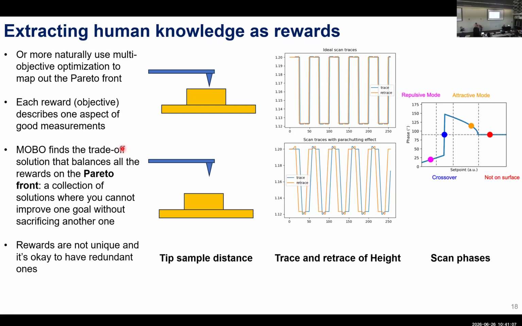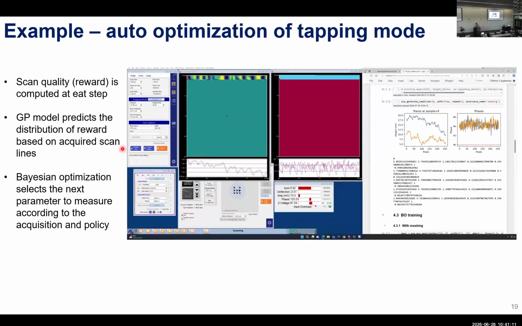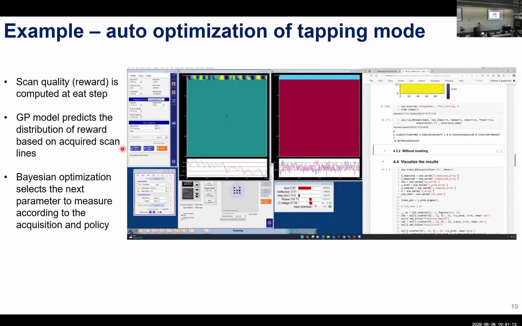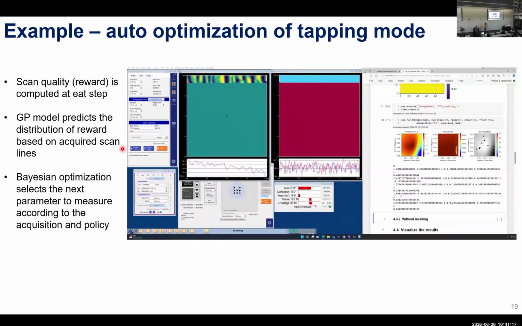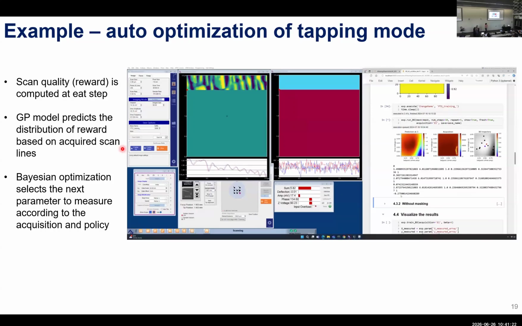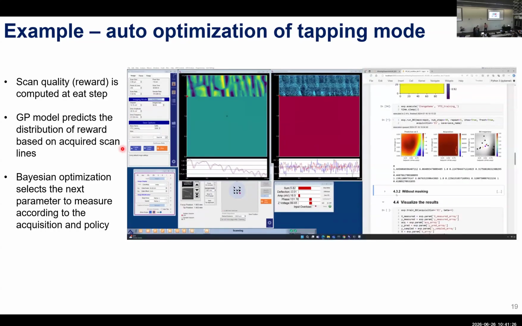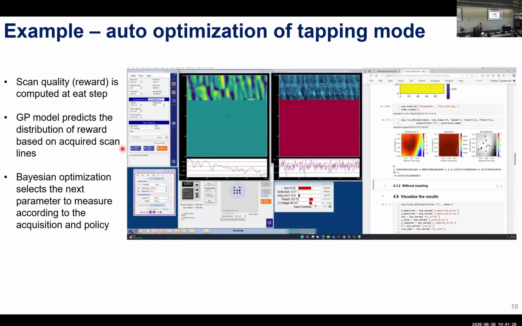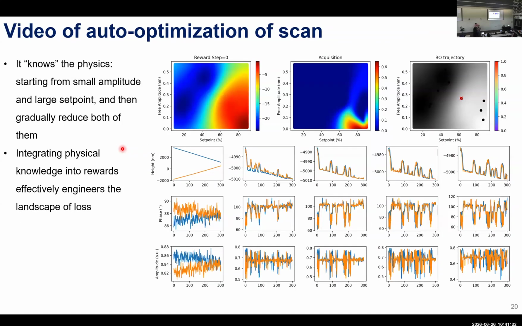So anyway, we need to define the reward function. If we define the reward function, then it is relatively straightforward to optimize the microscope. We just create a Gaussian process-based Bayesian optimization that uses this reward function for what we optimize, and the basic principle for the decision making is just the GP.